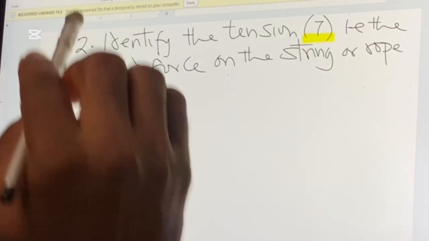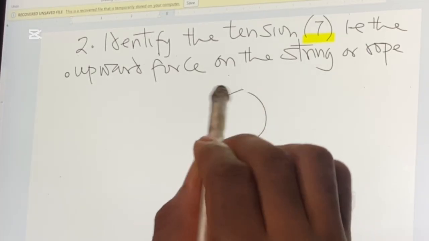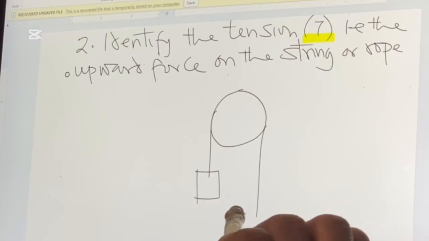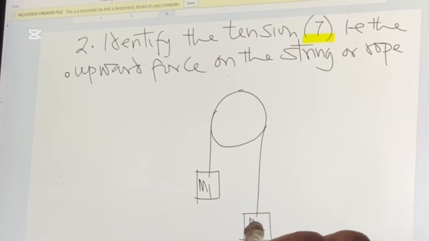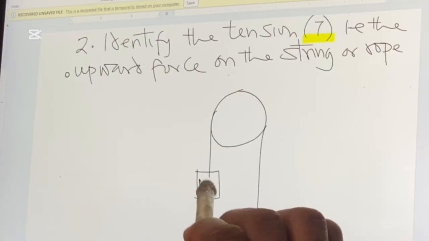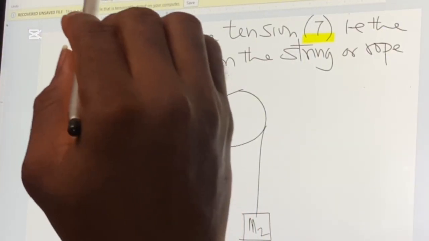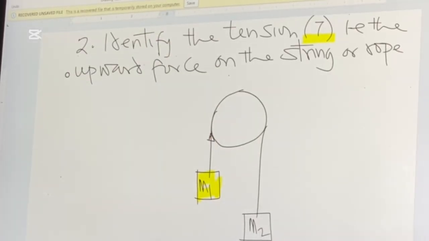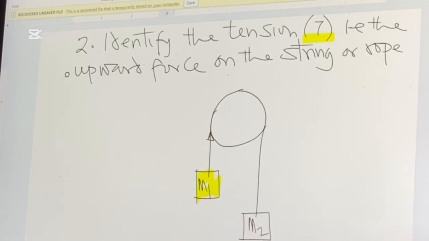If I have something like this, class, if there are two masses, this mass 1, this mass 2, the tension on this block here is always the force upward. Why? We are going to know what force we apply downward here.